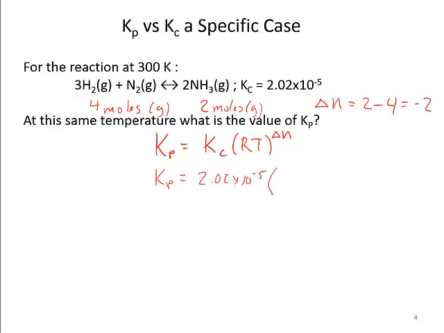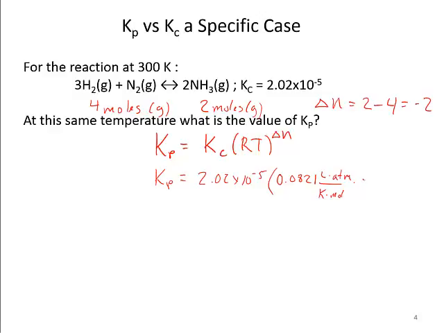And now the choice of R is very important. We choose R so that the partial pressures will be in the units we're interested in. If we want the units to be atmospheres, then we choose R in atmospheres, 0.0821 liters times atmospheres per Kelvin mole.